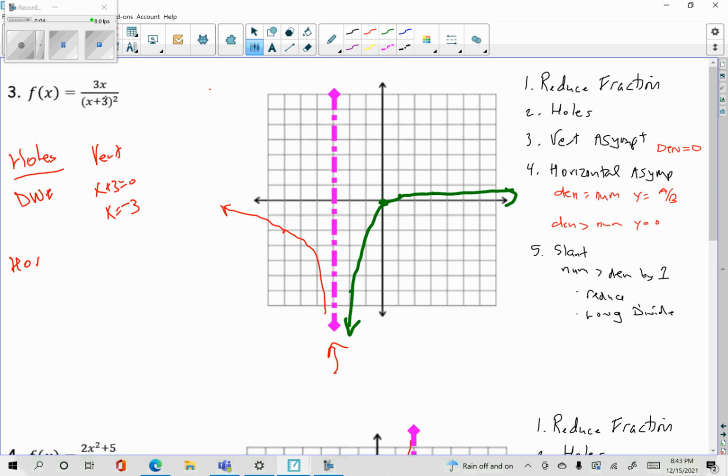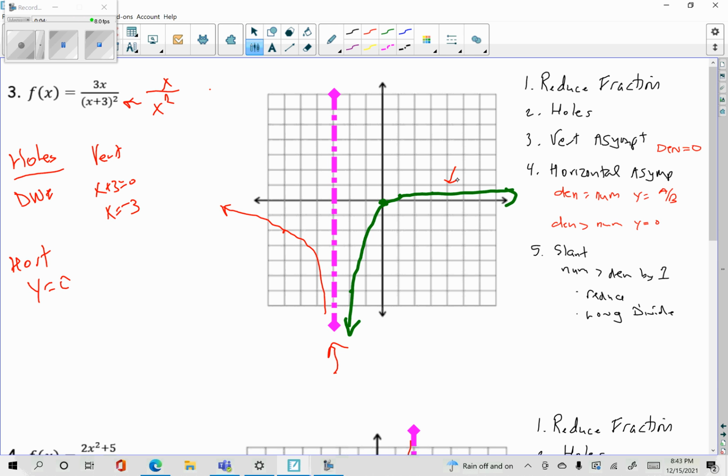Horizontal. All right. If we were to FOIL this out, we're going to have an x squared, and the top is an x. So if the denominator is bigger than the top, then it is y equals 0. Which I have to look into because this graph actually comes higher than that.